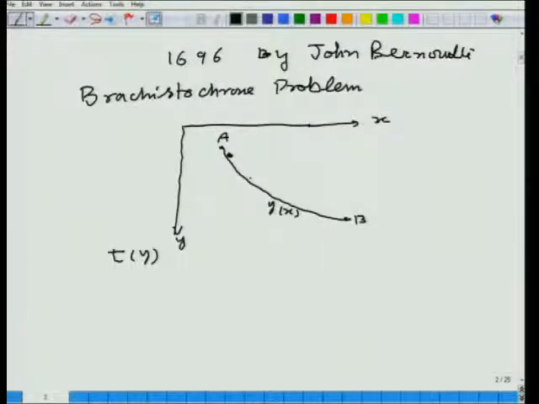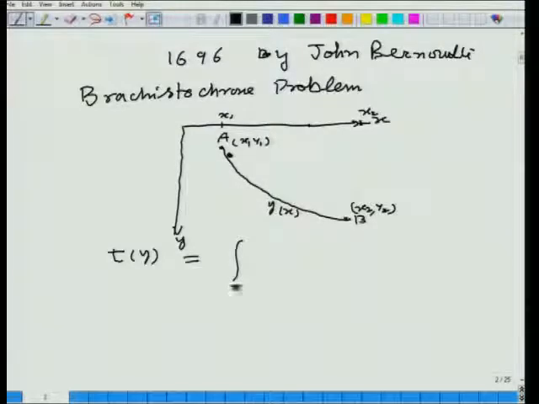And so, here the time taken by the particle under the influence of gravity in sliding from A to the point B is denoted by T(y), and this will be given by a certain integral. Let us say this point is x1, y1 and this point is x2, y2.